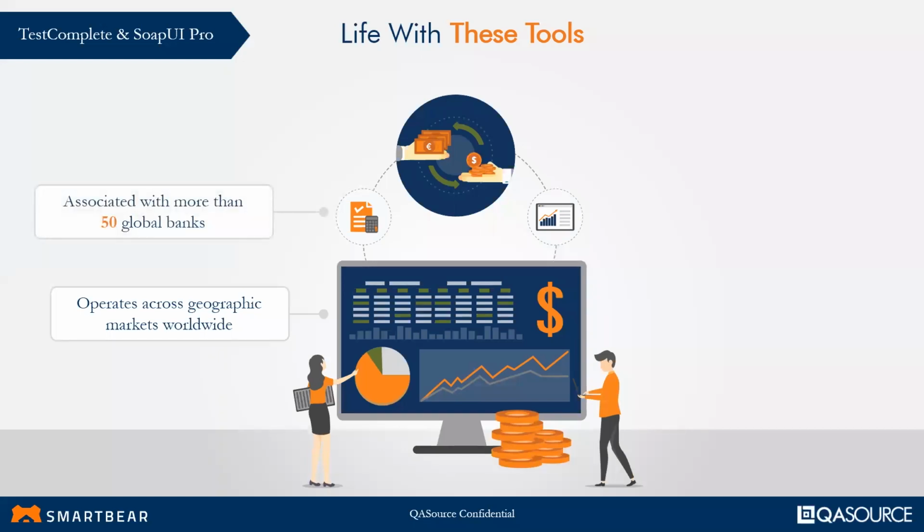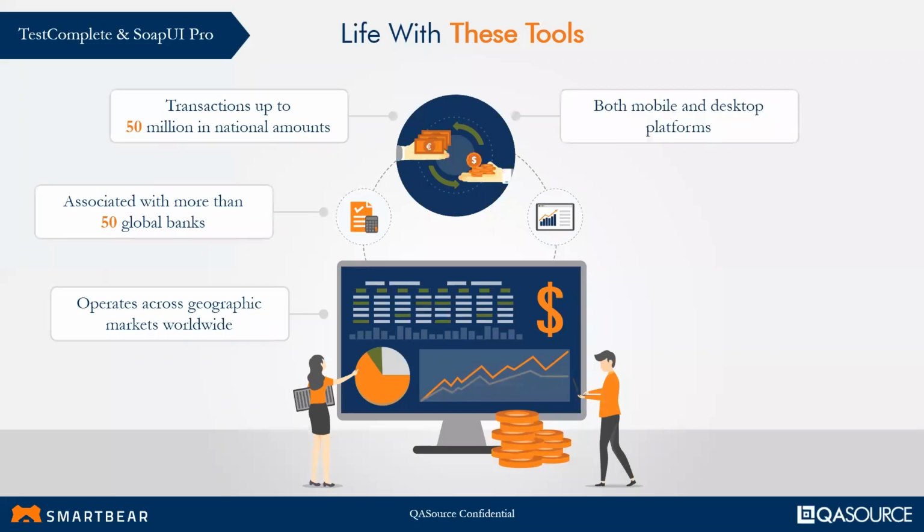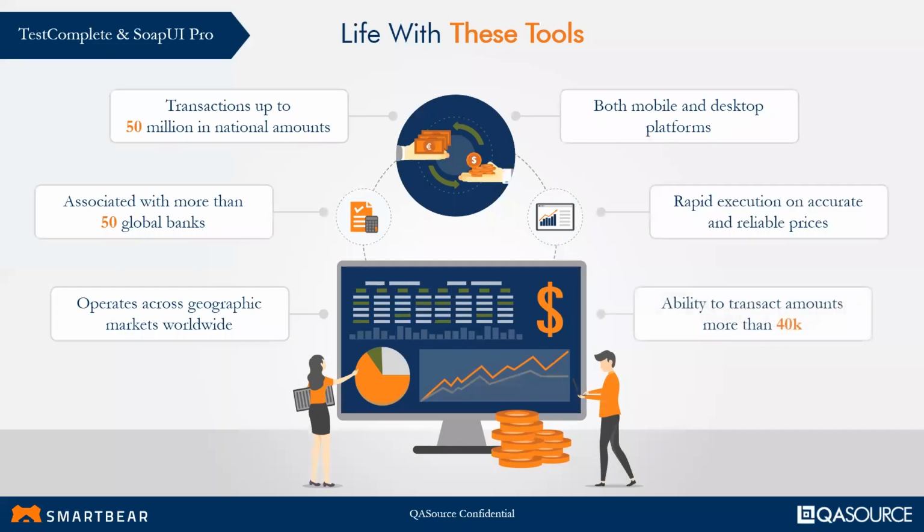They were associated with more than 50 global banks, had the ability to do transactions up to 50 million in national currencies. They provided support to their users on both mobile and desktop platforms. And they had the ability to transact amounts more than 40,000.